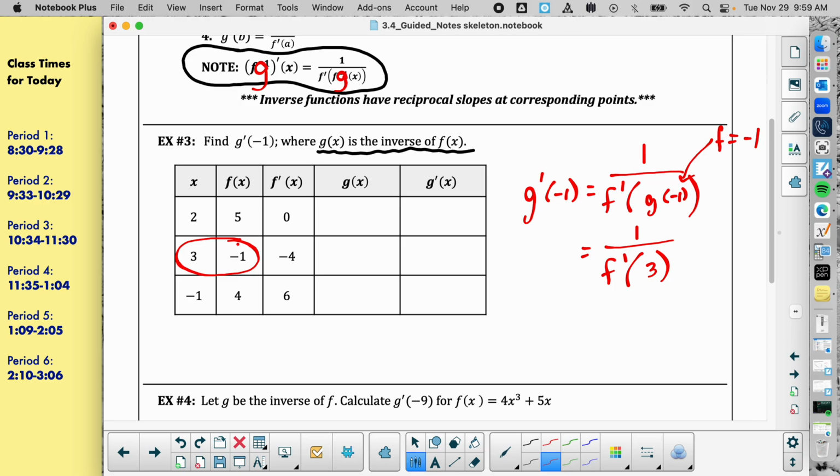And then F prime of 3, I can just go from that table. Normally, we're gonna have equations, so a table's not really gonna be the thing. But this one, F prime of 3 is -4. So it's two very, very different methods to find the answers.